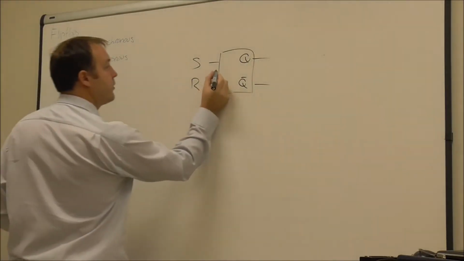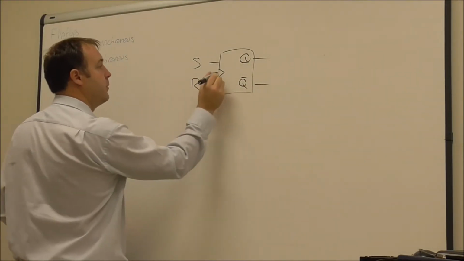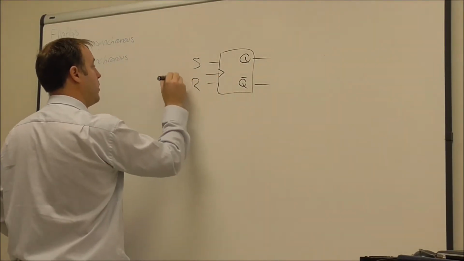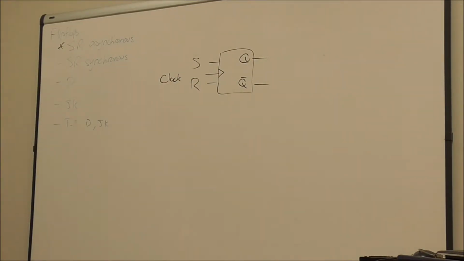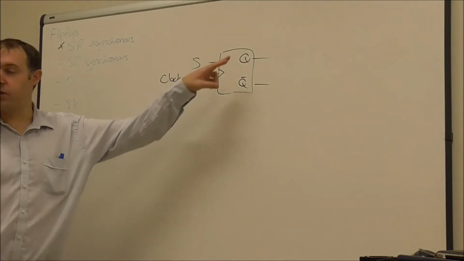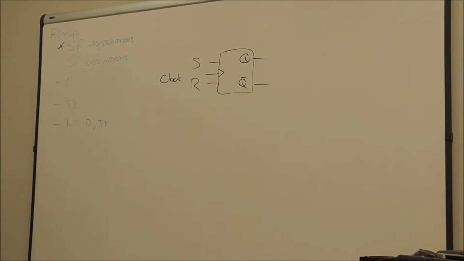And in this circuit, it's called a clock. Okay? Now the clock pin, it controls when the outputs change. Okay, so the clock controls when the outputs change based on whether these two are high or low as well.